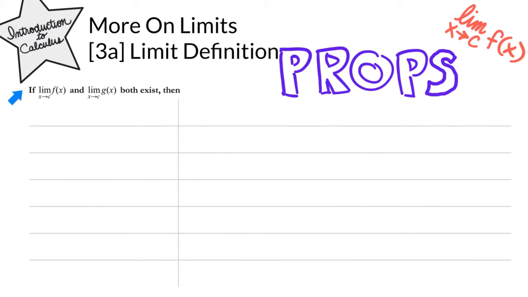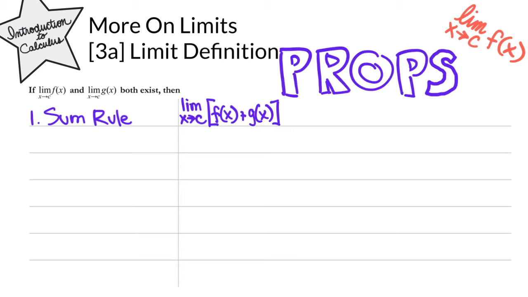If the limit as x approaches c of f of x and the limit as x approaches c of g of x both exist, then the sum rule is the limit as x approaches c of the sum of two functions, such as f and g, equals the limit as x approaches c of f of x plus the limit as x approaches c of g of x.